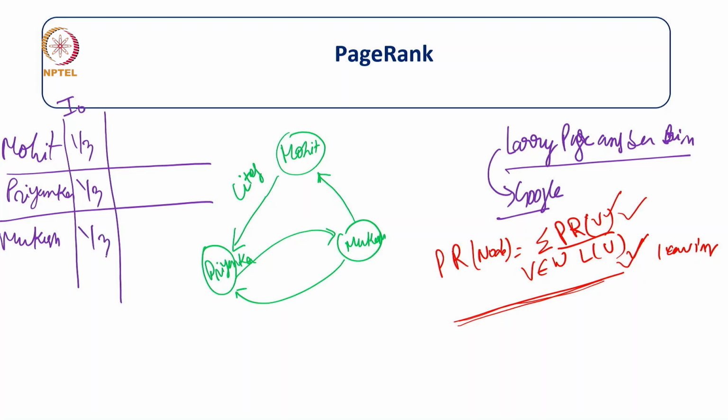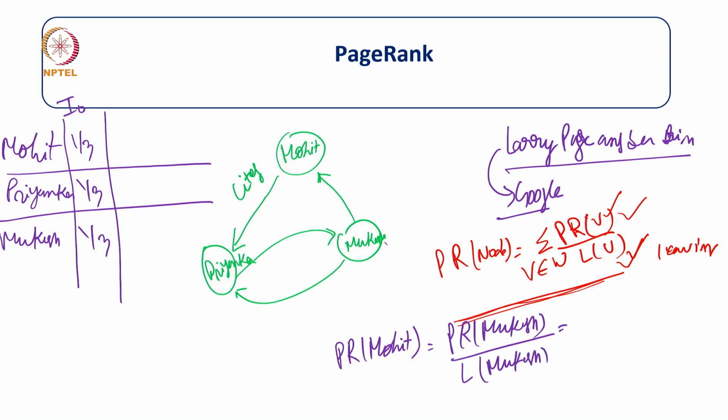Now, if we have to calculate the PageRank of Mohit, we look at where the input link is coming from. The input link is coming from Mukesh. So it is the PageRank of Mukesh divided by the number of leaving links of Mukesh.